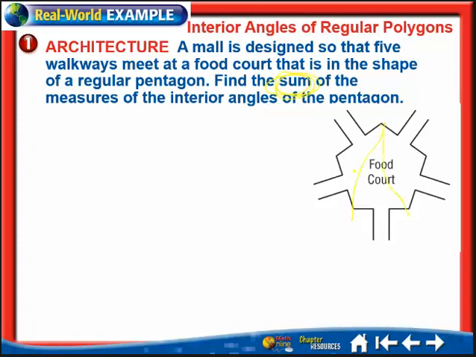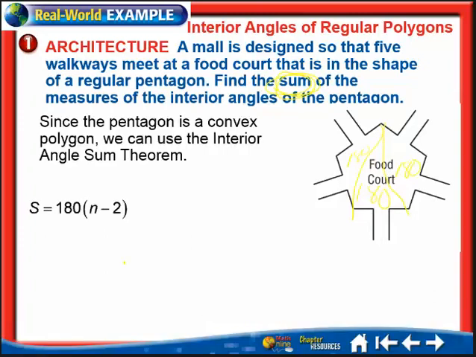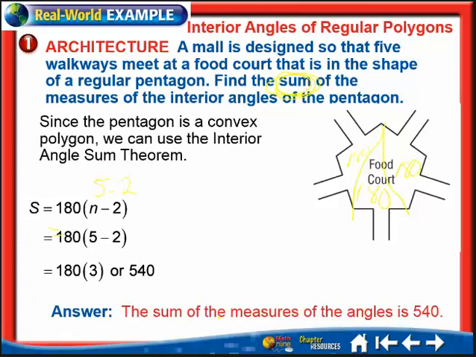I'm going to have 3 triangles, so I should have 3 times 180, right? Or I can use the formula, where the formula is 180 times the number of sides, which is 5, minus 2. So either way, I get 3 times 180, which is 540. Okay, so the sum is 540.